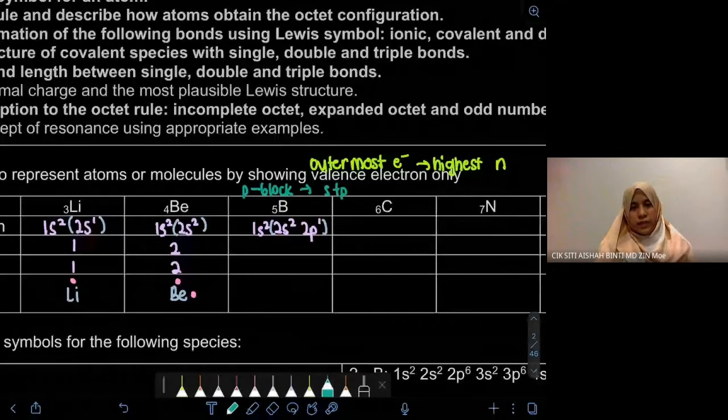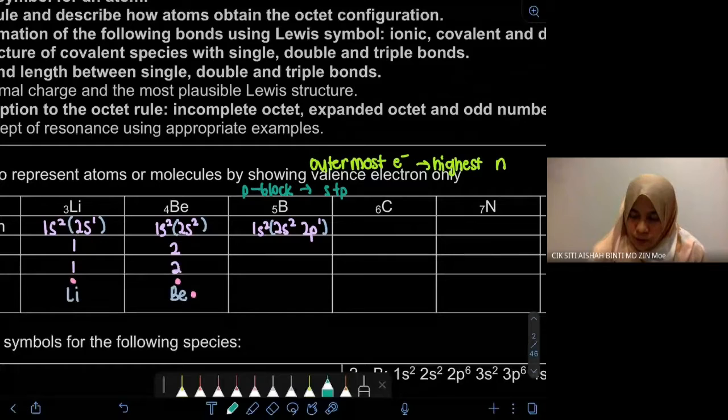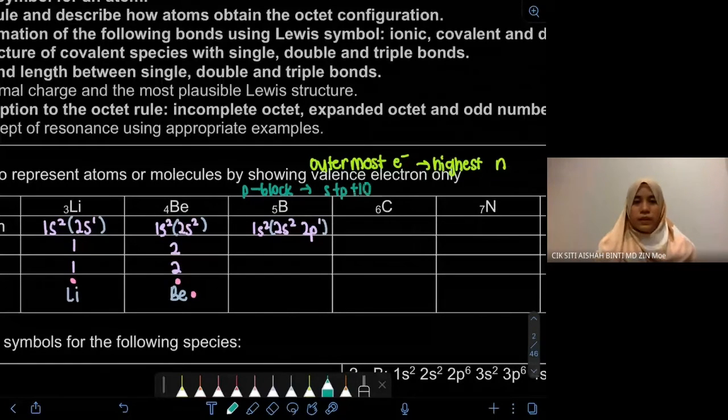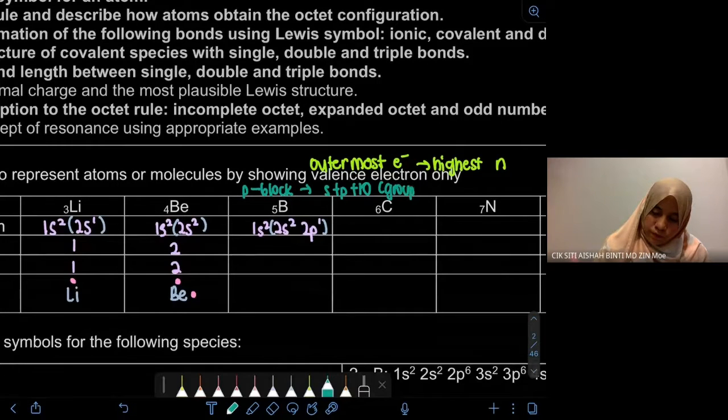Ini untuk valence electron. Tapi kalau the group tu, okay, yang ini revision sikit pada chapter 3 kan. So kalau nak tahu the number of group tu, kena tambahkan dengan 10. Okay, ini untuk group. Okay, kalau valence electron, S tambah P je. Ni S dengan P ni untuk valence electron sahaja.